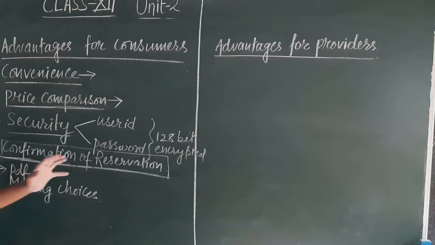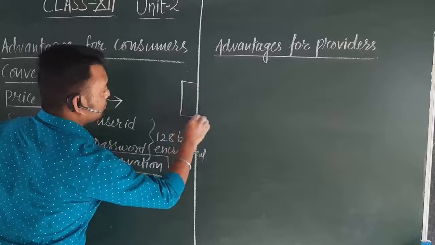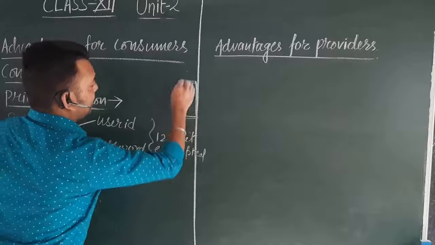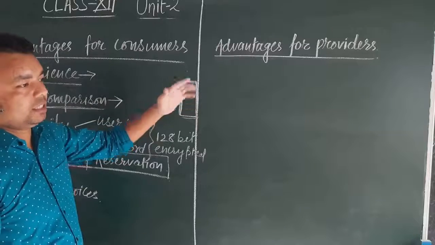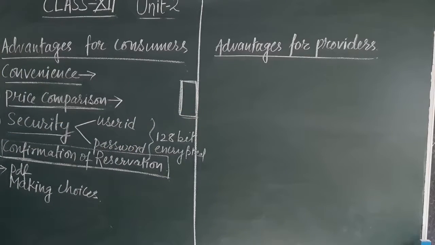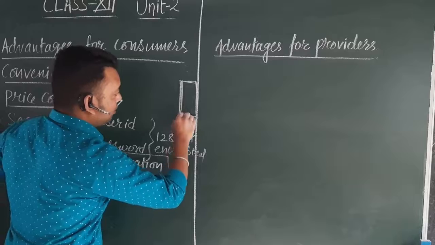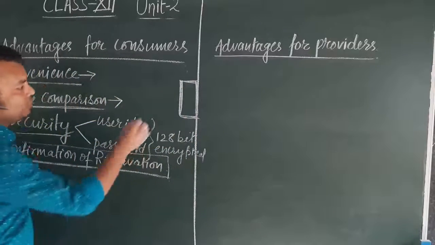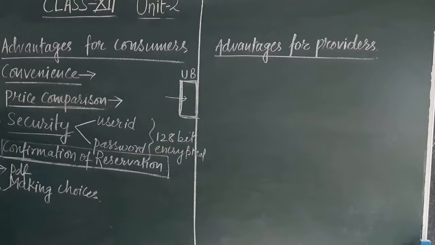Choices in a sense, suppose he is interested in a window seat. Then based on his or her choice, he can select that window seat. Based on his or her own choice, he can select his or her own berth. Suppose he is traveling during the winter. In such a situation, what happens? In railways, the lower berth becomes cold. So, in order to keep himself protected, if he chooses an upper berth, then it can be selected. So, this is also an advantage of online reservation system, that is, choice making is possible.